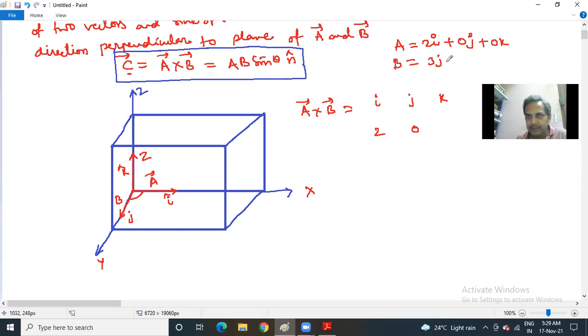Similarly, B doesn't have i and doesn't have k. So keeping this in mind, A doesn't have j and k, B doesn't have i, but it has 3, the j component, or component along y-axis, and k. So this is the way I treat.